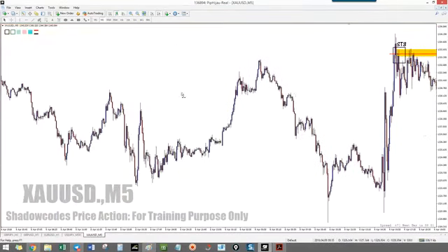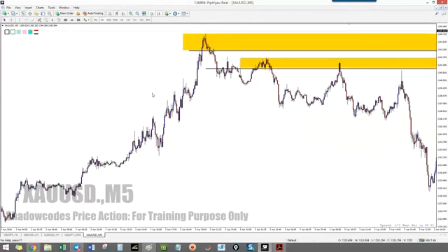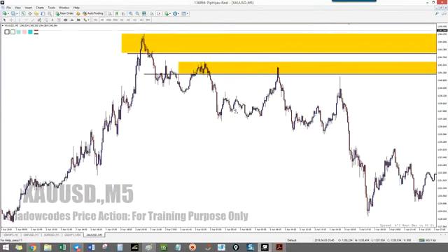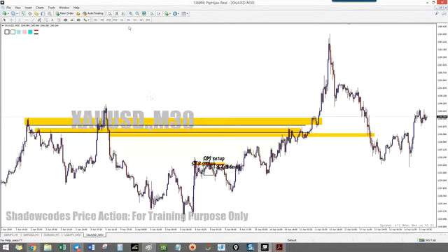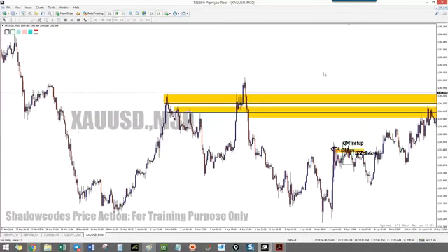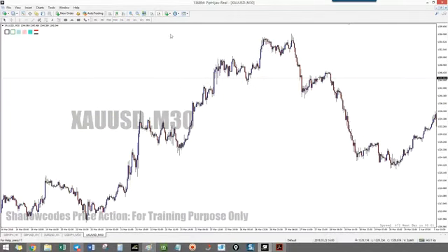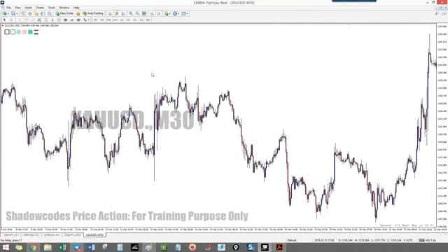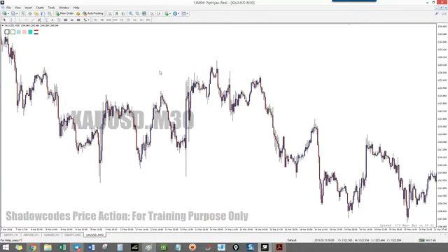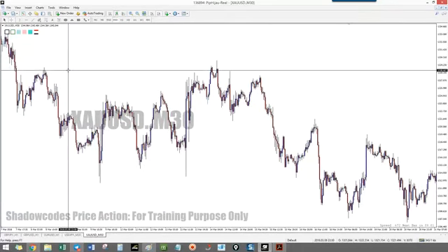Let's find another one if we can find more. Maybe M30. Can you find it? One.